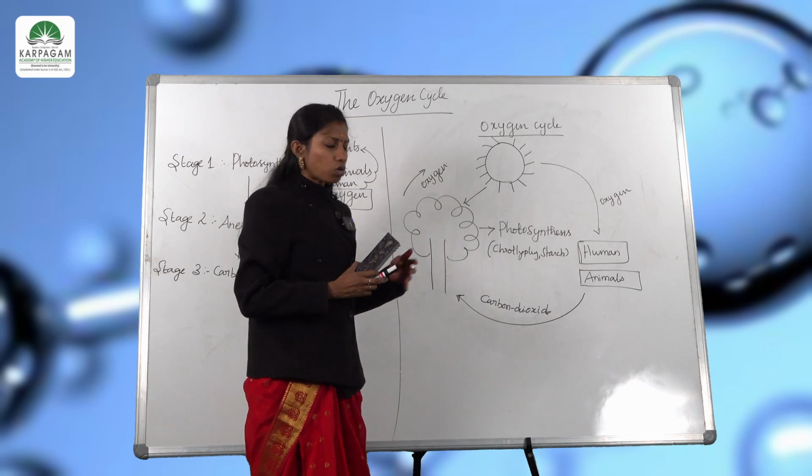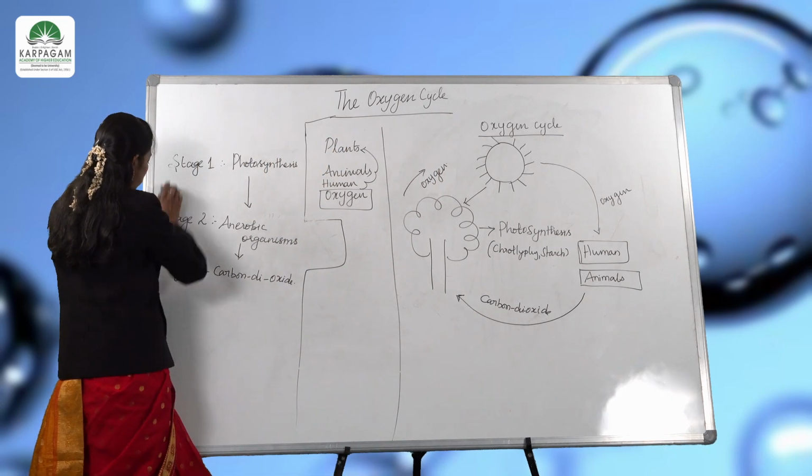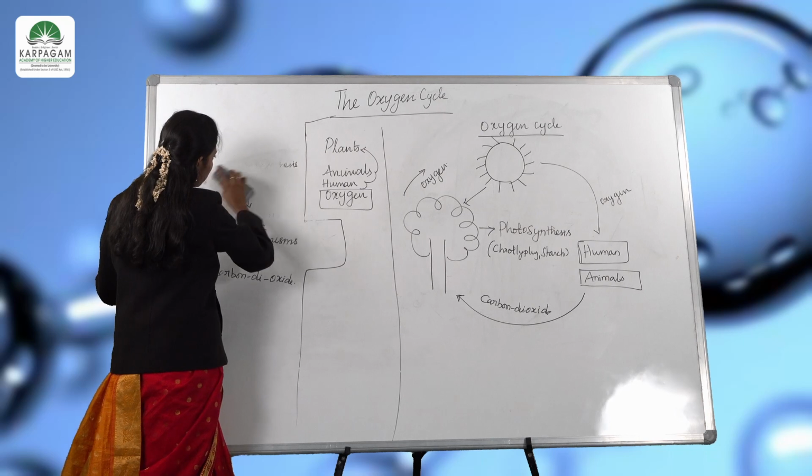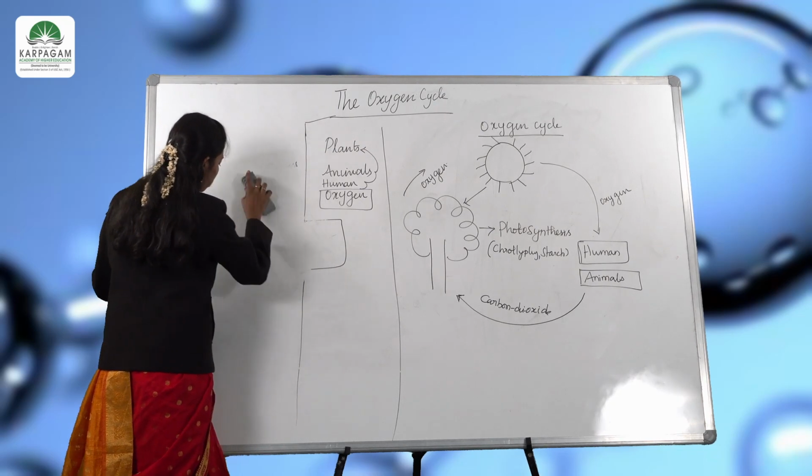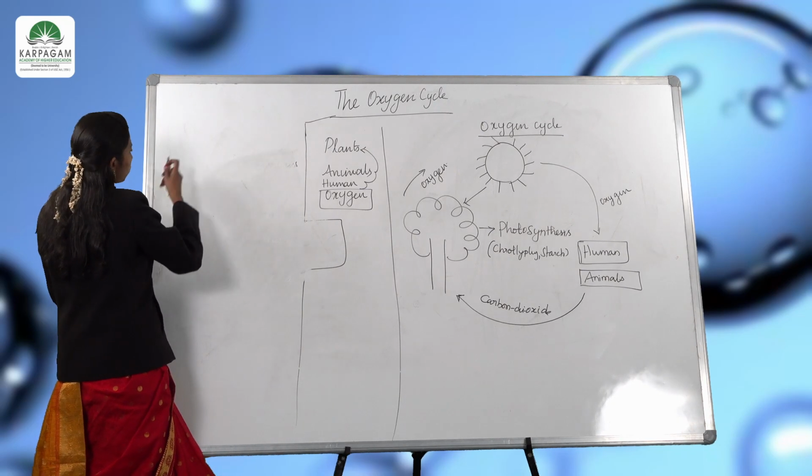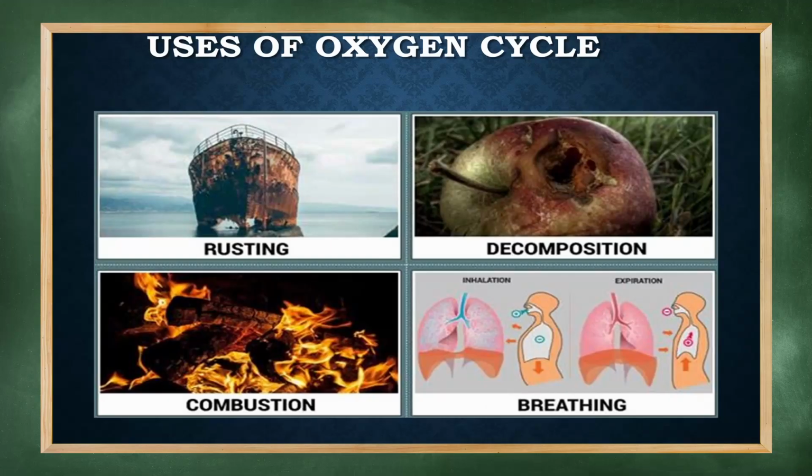Coming to the uses of oxygen. The first thing, it is mainly used for breathing, and the second thing, it is used for combustion, and the third thing, oxygen is used for rusting.